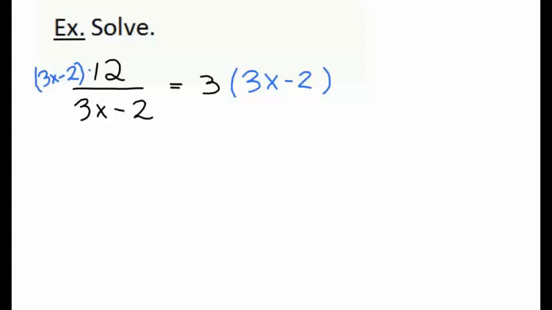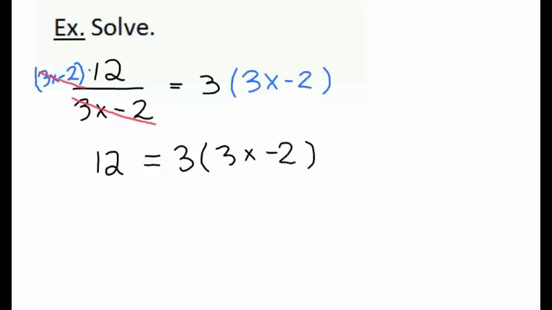So notice that by multiplying by 3x minus 2, the denominator is going to cancel over on the left-hand side, and we're going to be left with just the value of 12. On the right-hand side, we have 3 times 3x minus 2. So here's where we're going to have to expand through our brackets and distribute our 3. So here we'll get 9x minus 6.